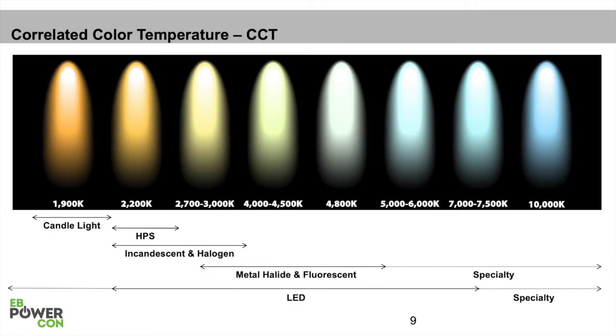In the office areas, you tend to see 3,500 Kelvin, which is kind of an in-between color, or 4,000 color temperature. And then you'll get into more specialty lighting where it's much higher, much bluer.